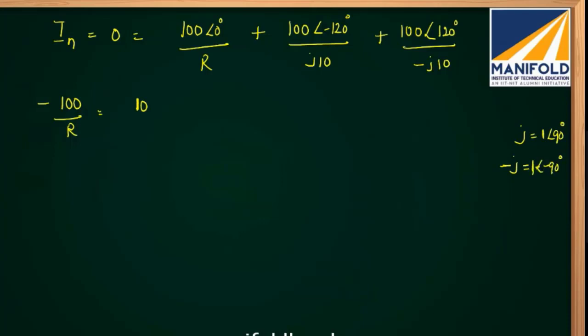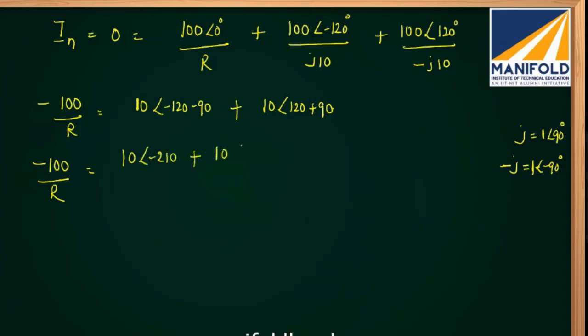So this value will become 10 at an angle minus 120 minus 90. The third term will become 10, because 100 divided by 10 is 10. Minus J, when it goes to the numerator, will become 120 plus 90. So minus 100 by R is equal to 10 at an angle minus 210 plus 10 at an angle plus 210.